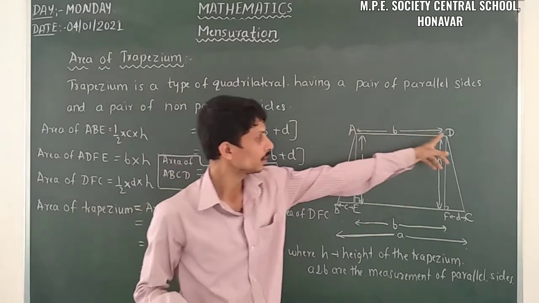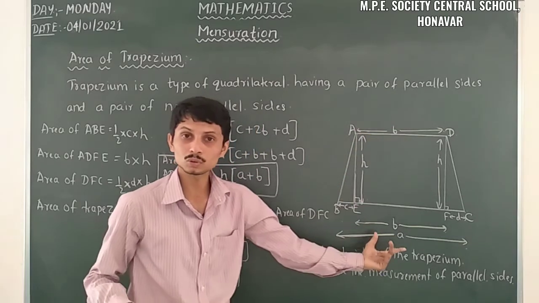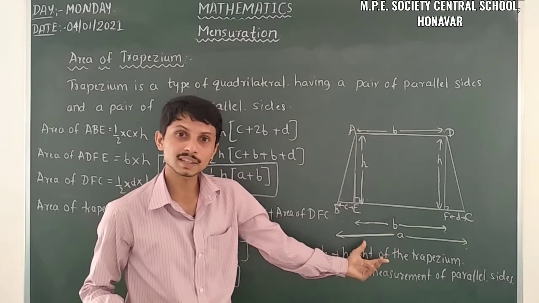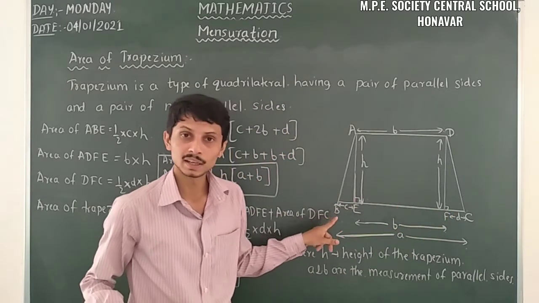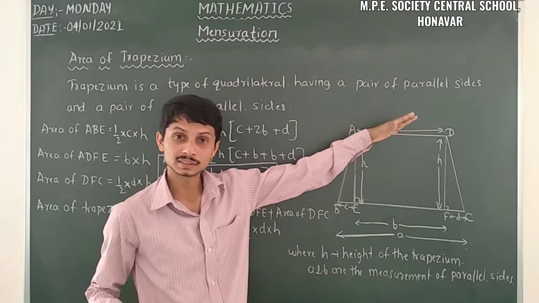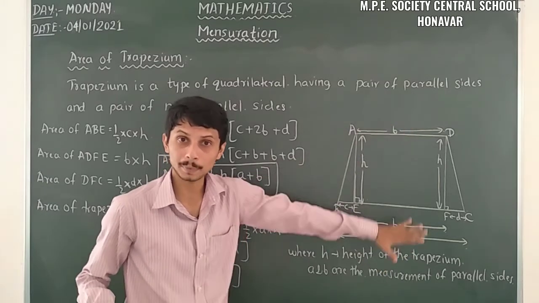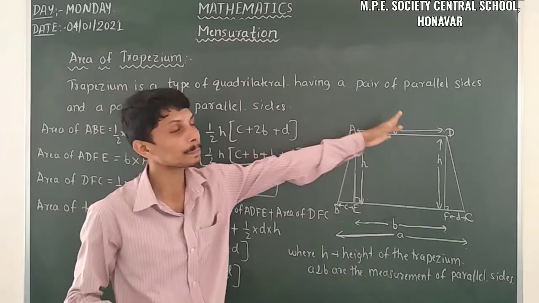Here just observe, when we have a trapezium, you have here A and B, those two are the measurements of parallel sides. So when you have this base, complete base, and this side, these two are the parallel sides of the trapezium. Already we know that a trapezium is a quadrilateral having a pair of parallel sides.